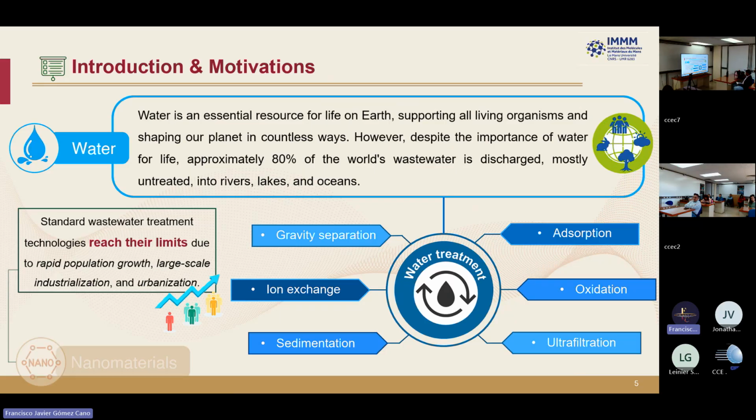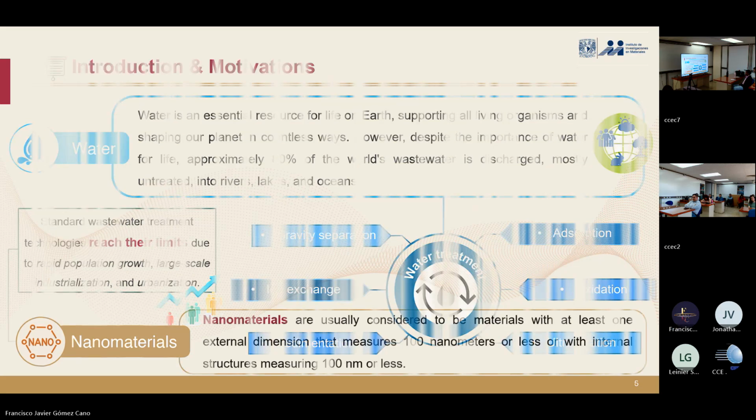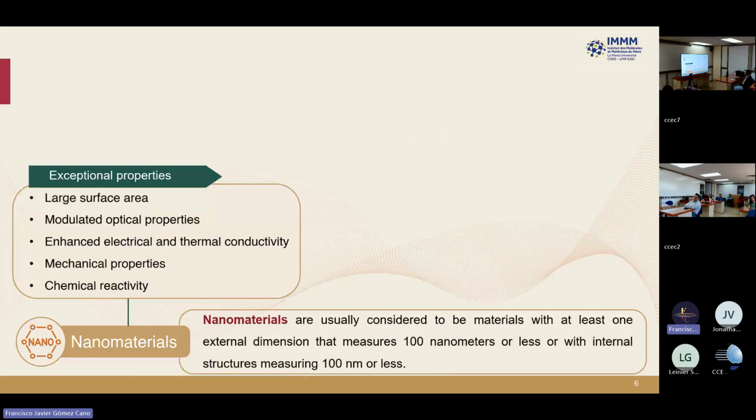This is why we need to explore new solutions. One promising alternative is the use of nanomaterials, I mean, advanced materials with unique properties that can help us remove pollutants more efficiently, even at very low concentration. The use of nanomaterials in general has many advantages over their larger counterparts.